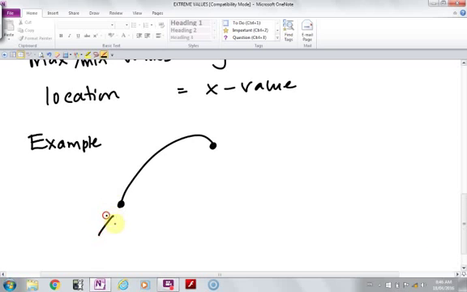Right here. This is a minimum value, and this is a global minimum because it's the smallest y value over the whole domain. Okay? Now, I also have a maximum value that is both a local and a global maximum. And that is right here.